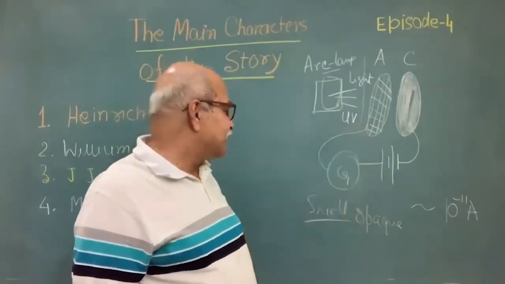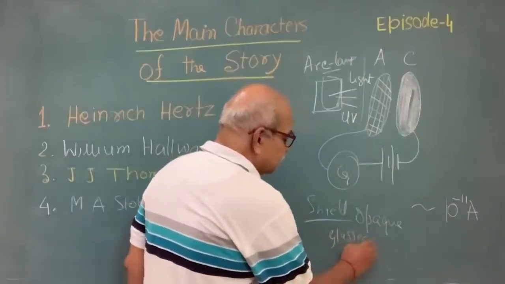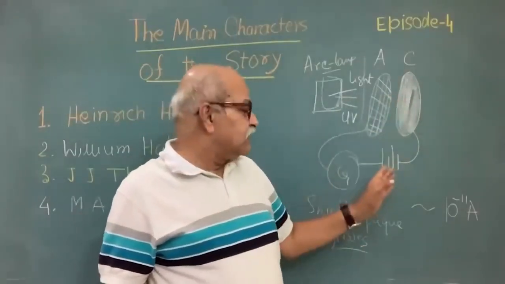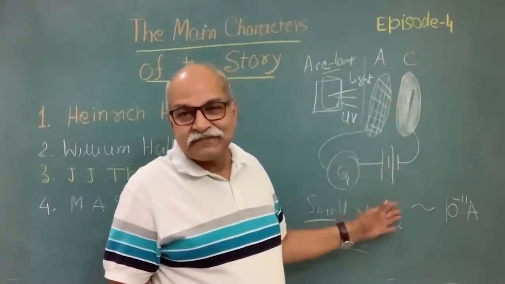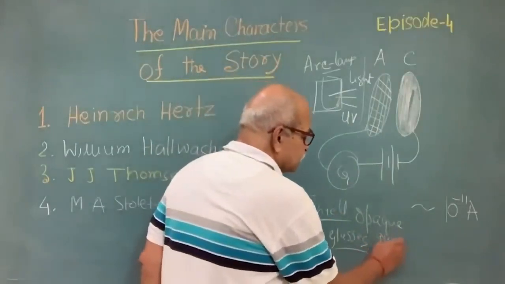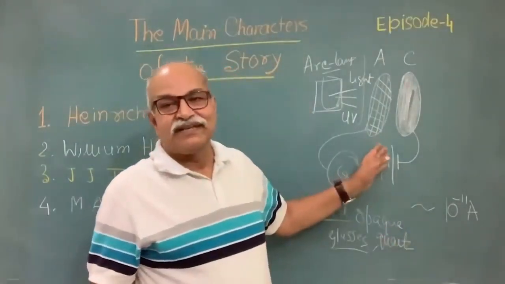But then he puts varieties of glasses. So the light is going, but even then the current is very, very minimal. And then when he puts quartz, he finds a very significant current.